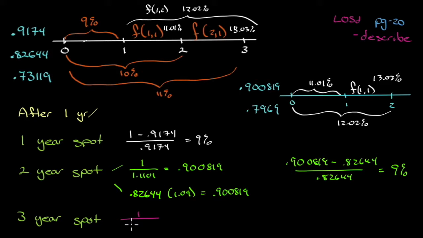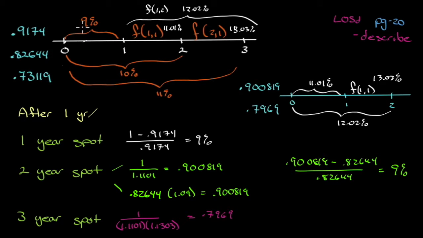We can discount it by 1.1101 and multiply that by 1.1303. If we discount that back, we will get 0.7969. You can try discounting it back by 1.1202 squared. You'll get 0.7969.